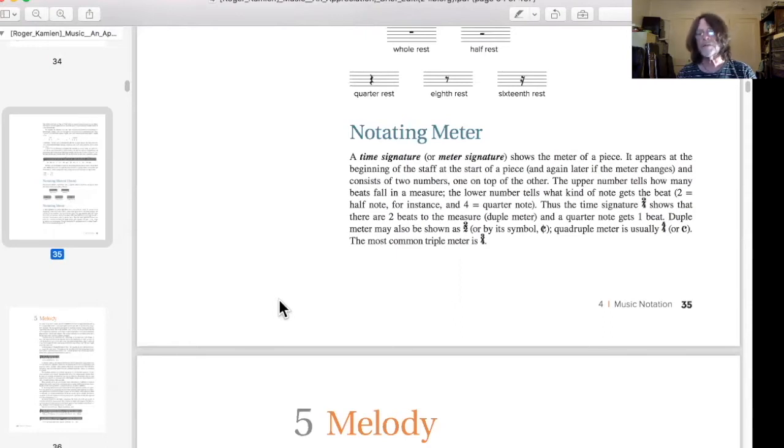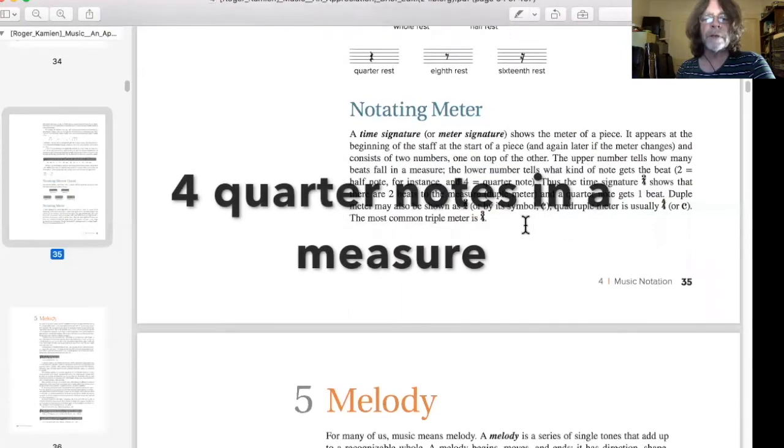That is true generally, but actually it's a little bit more complicated than that. But for example, 4/4, there's 4 beats in the measure, and the 4 means quarter. There's 4 quarter notes in the beat.